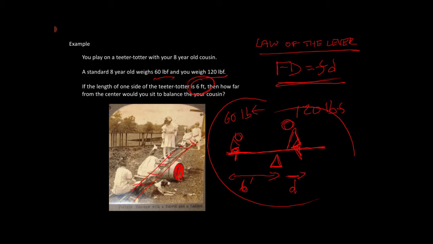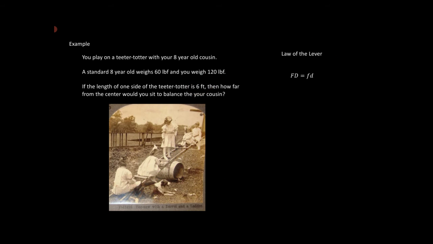I put it all in a nice little drawing so I know what each thing is. I'm going to just start putting these numbers into my equation, right? So you are bigger, so you're going to be the uppercase letters, and your cousin is smaller, so lowercase letters, like that.